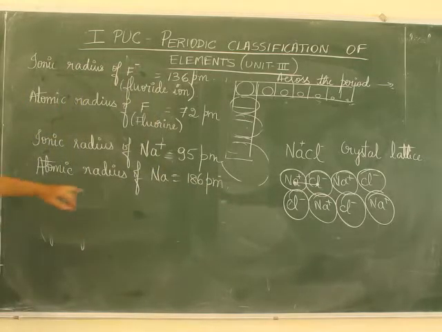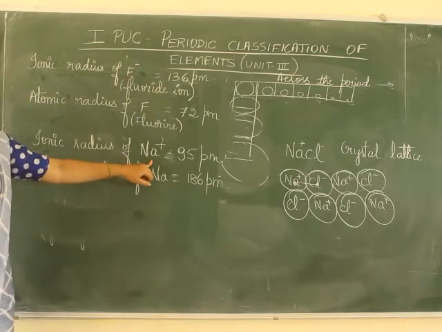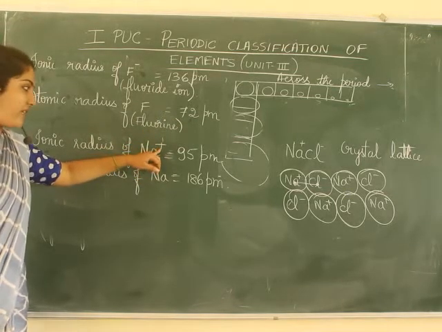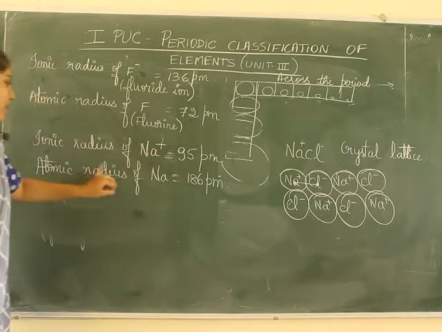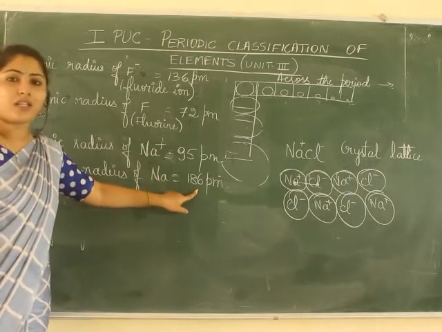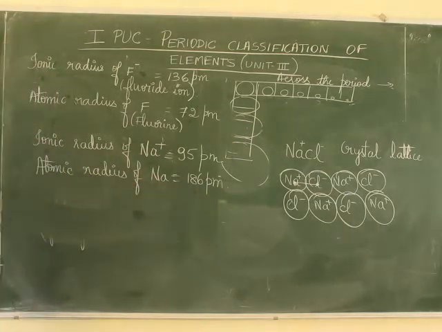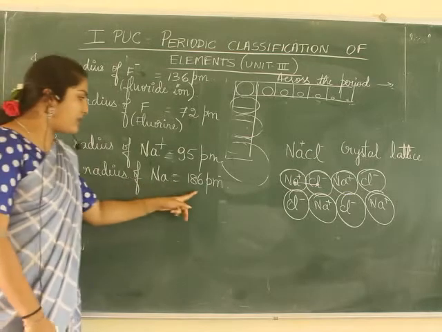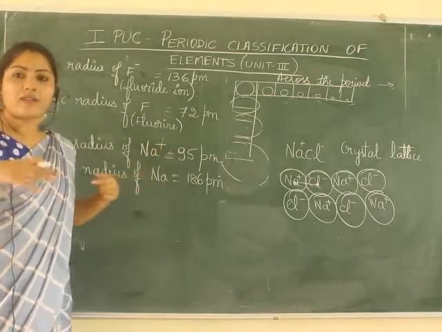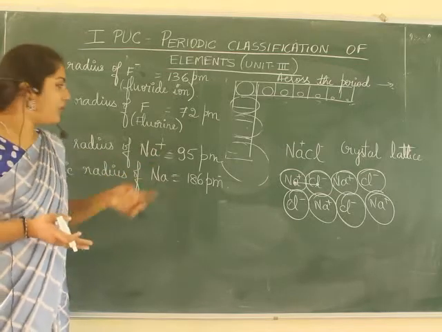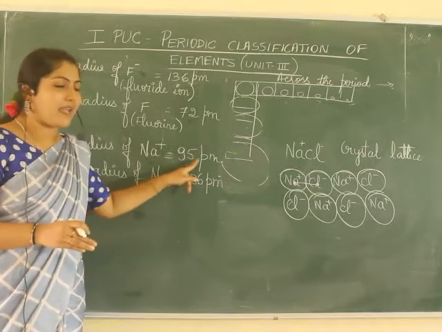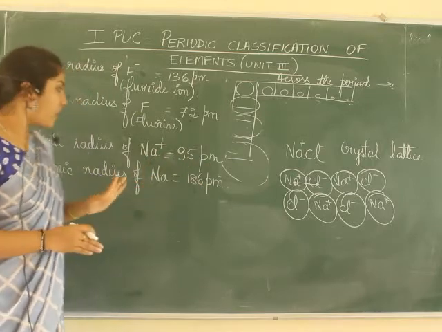So you can see this is cation where it has lost the electron, so it has become positively charged. It is 95 picometer, whereas atomic radius of sodium, which is the parent, is 186 picometer. So you can make out the difference. Earlier the size was large, but now since it has lost the electron, the other electrons will experience more nuclear pull, and that is why the size has decreased. Now it is 95 picometer. Hope it is clear.